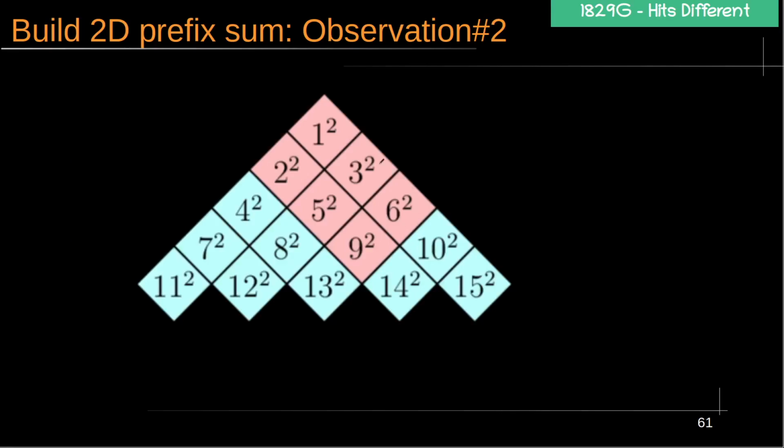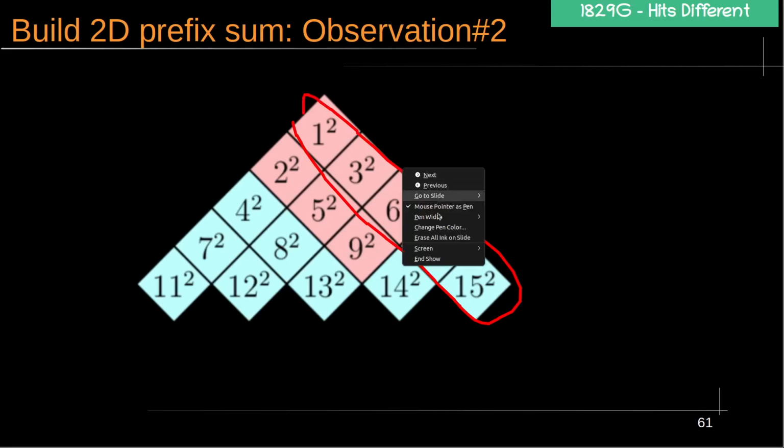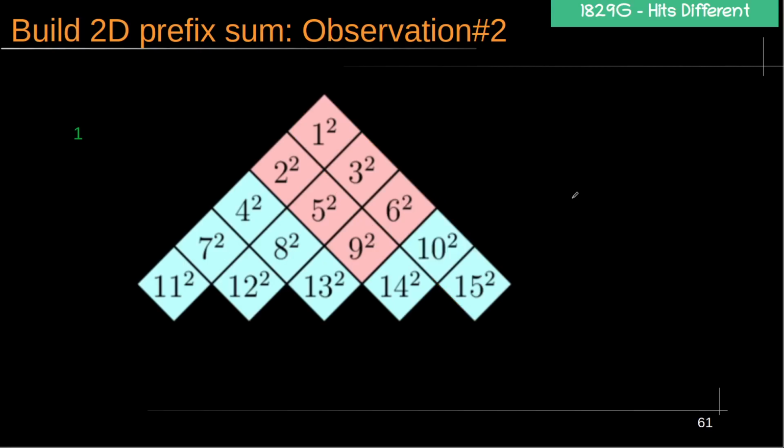Observation 2: how do we now find these numbers, especially the first one in each row? We are computing these numbers, don't forget. If I take the first diagonal, it is equal to 1 times 2 over 2.